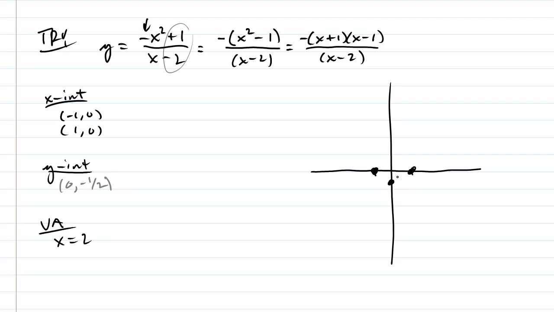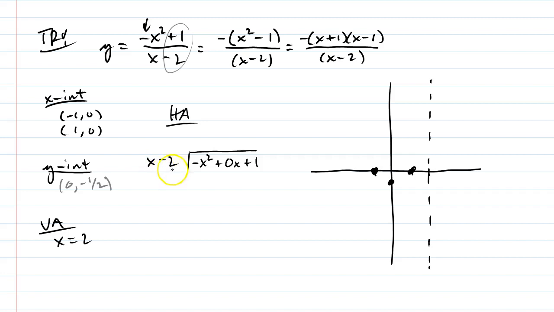Okay, the last thing we need to do, I'm sorry, we should have x equals 2 be our vertical asymptote. The next thing we need to do is the horizontal asymptote. So let's long divide. And remember that you don't have an x term, so you need to include it in your division.